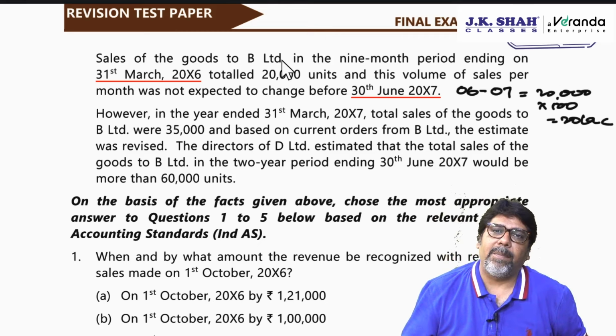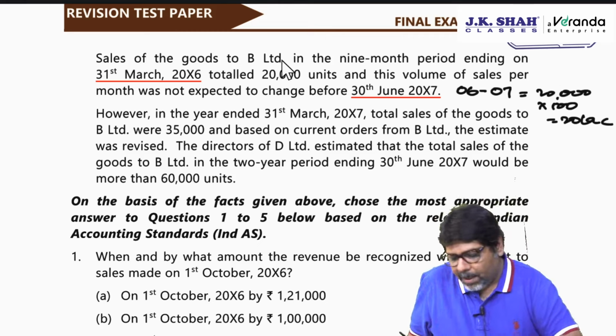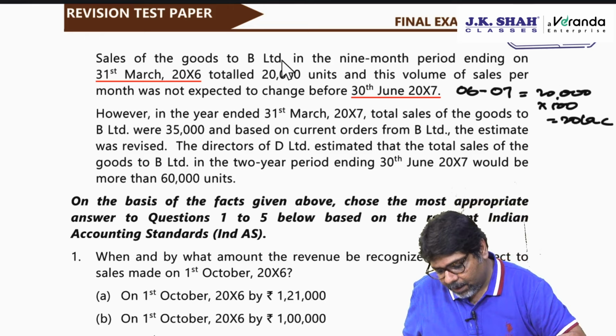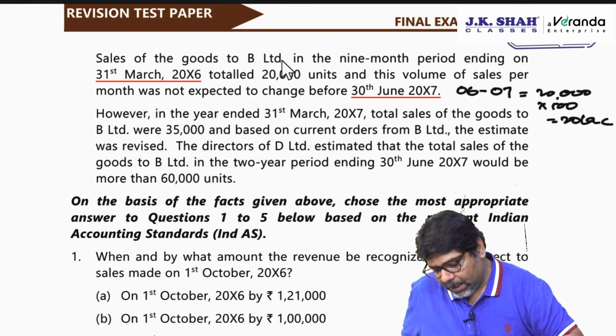For your convenience, let us calculate: 20,000 divided by 9 into 24.